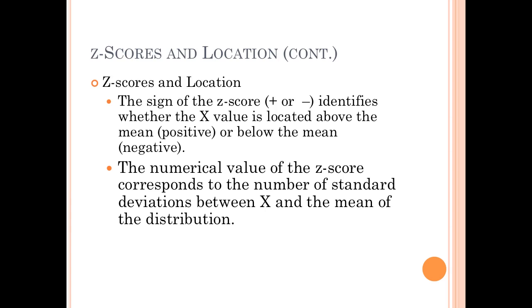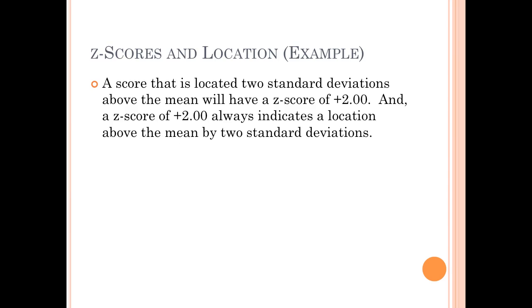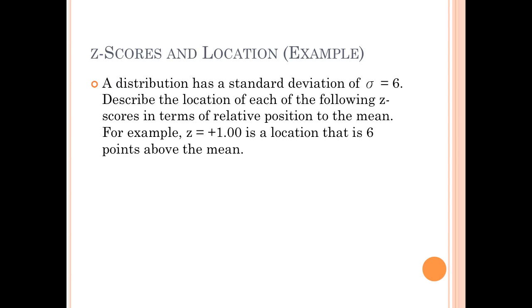The numerical value of the z-score corresponds to the number of standard deviations between the score x and the mean of the distribution. A score located 2 standard deviations above the mean will have a z-score of +2, and a z-score of +2 always indicates a location above the mean by 2 standard deviations.